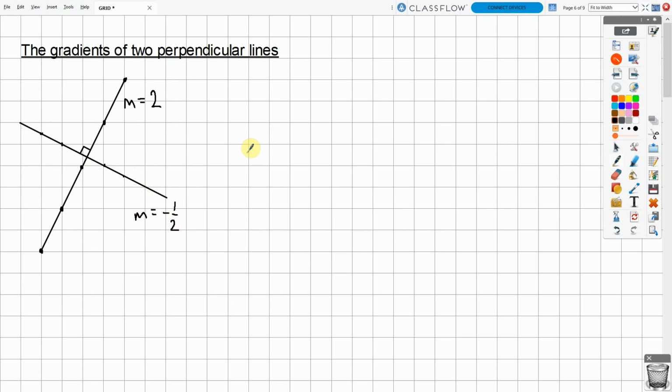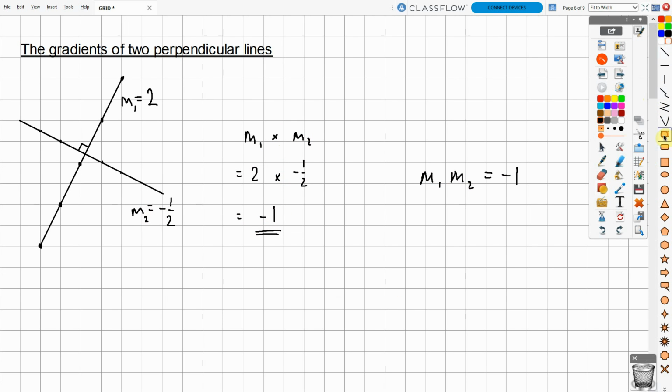And it's not a coincidence that the gradient of the first line and the gradient of the second line, if we just look at what happens if we multiply them, makes -1. Because the rule for two perpendicular lines is that the gradient of one multiplies the other always to make -1 as a total.